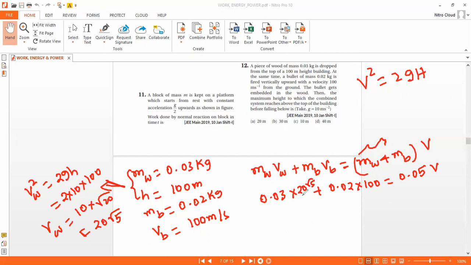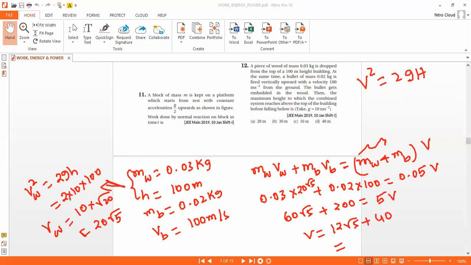Okay, so 60 root 5 plus 200 is equal to 5v. So v equal to 12 root 5 plus 40.